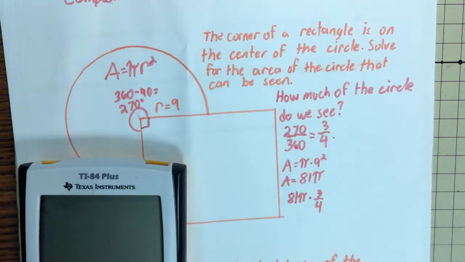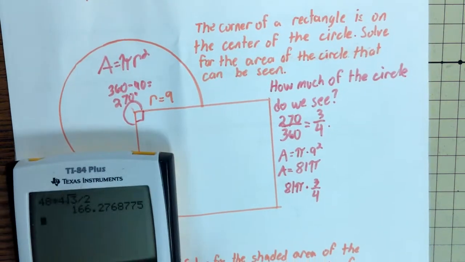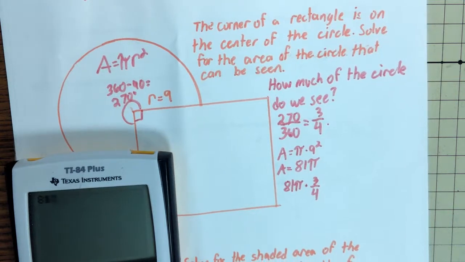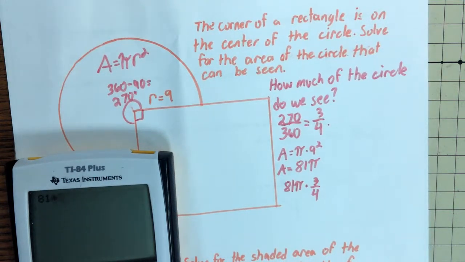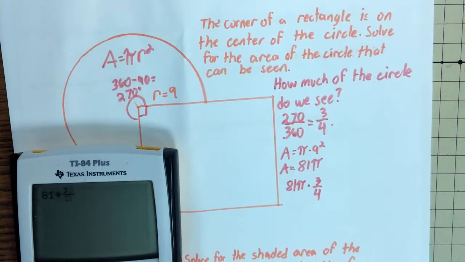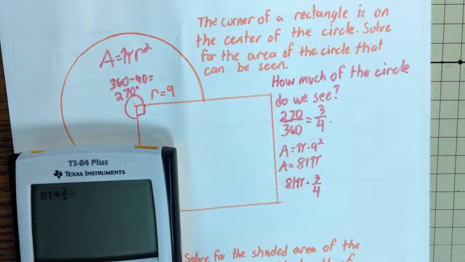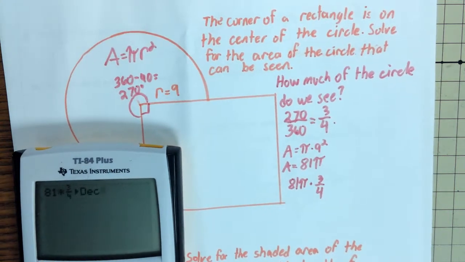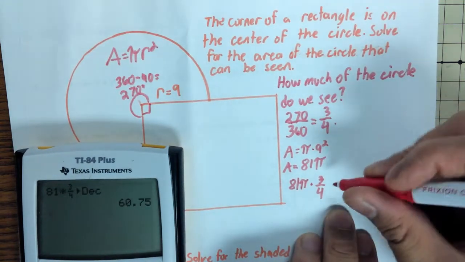So over here, 81 times 3/4. I'm going to tell my calculator to give that to me as a decimal. Is 60.75.